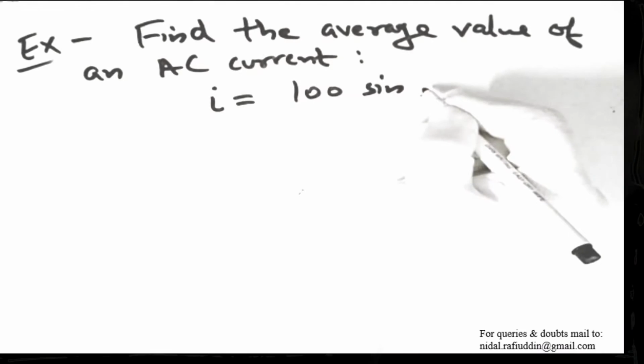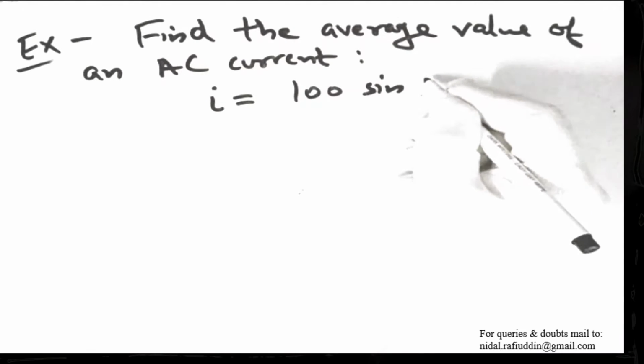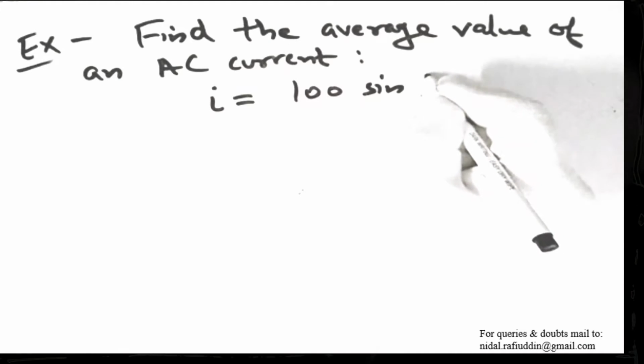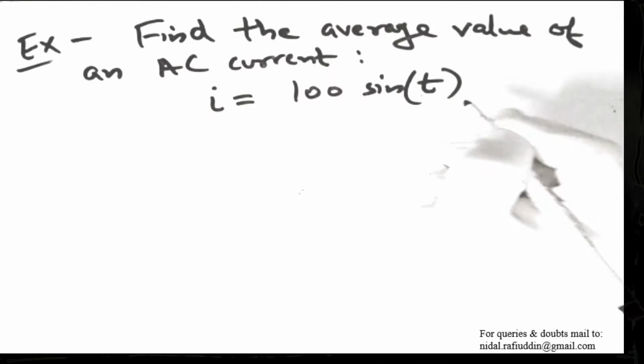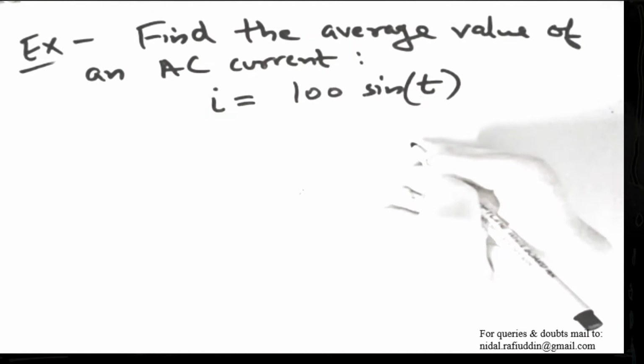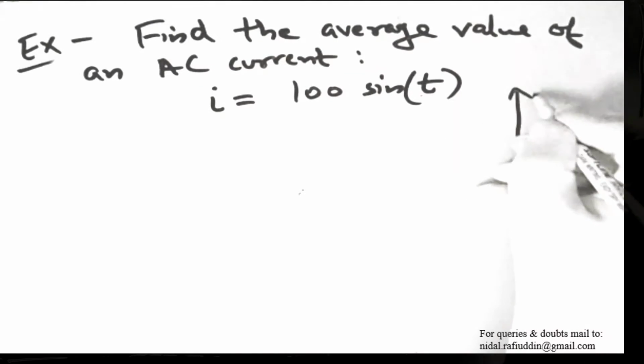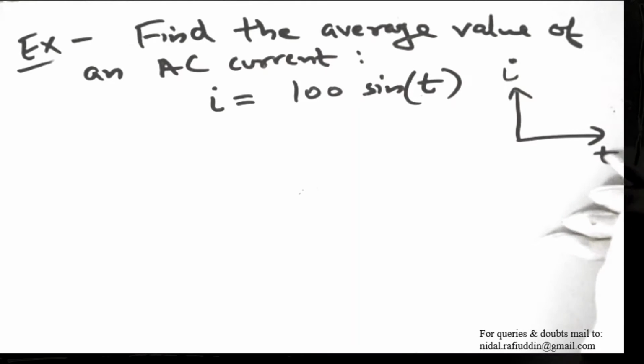So you can write omega t or t. Let's take this as t, which means that you will be drawing the waveform of I with respect to t and not omega t.